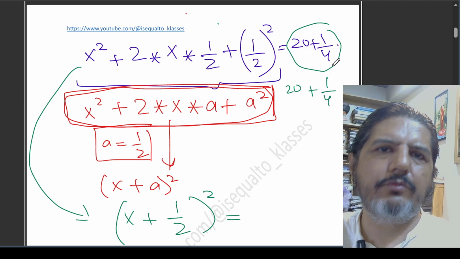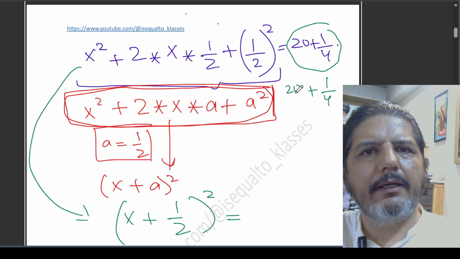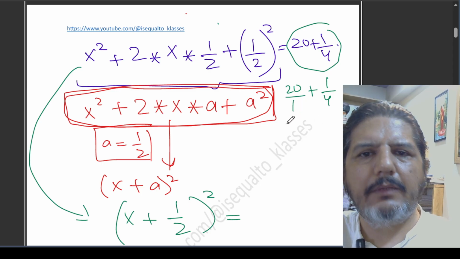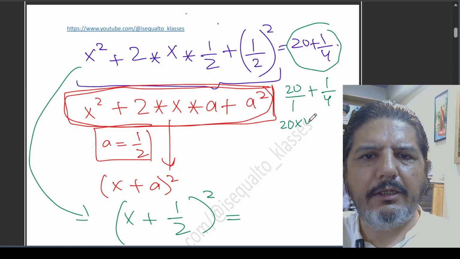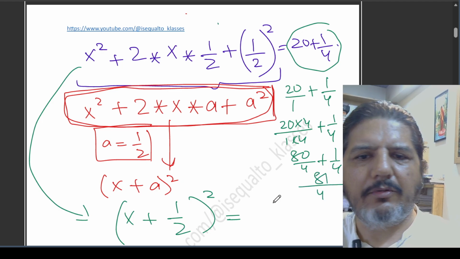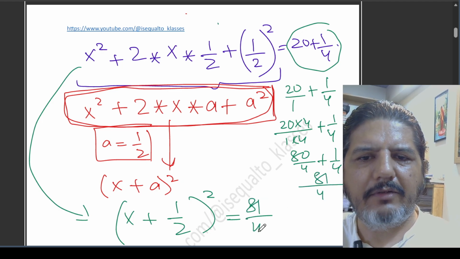Now there are students who face difficulty in this also. Very easy to do. Write this 20 as 20 upon 1. Then you write this as 20 into 4 upon 1 into 4, plus 1 upon 4. This is 80 upon 4 plus 1 upon 4. This is 81 upon 4. So my right hand side is 81 by 4.